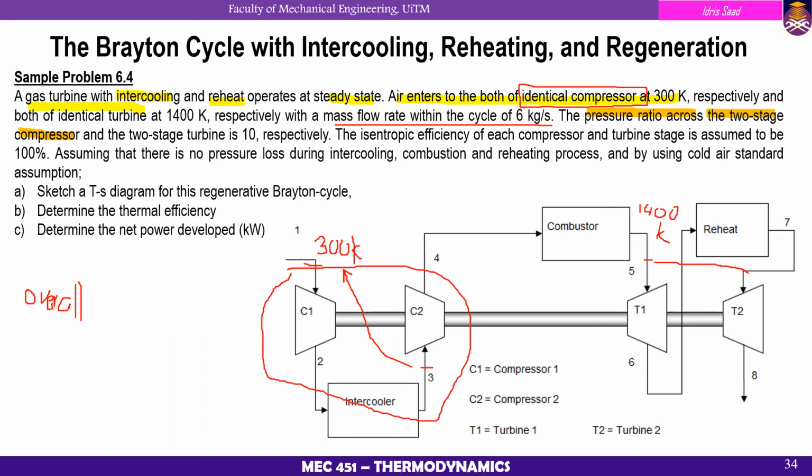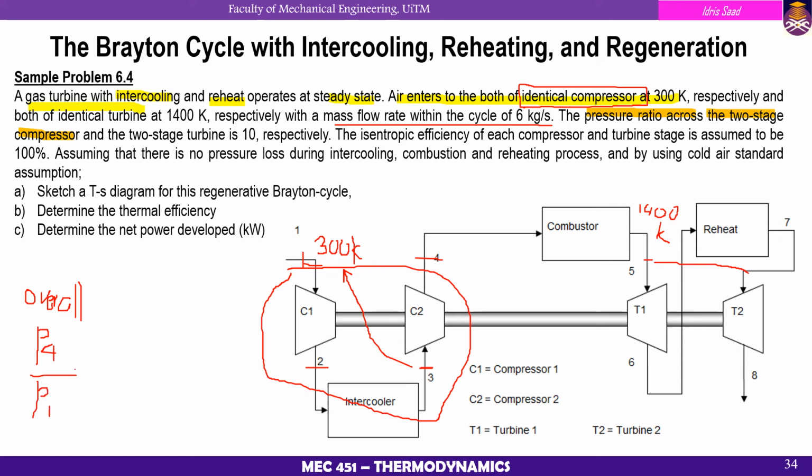For the compressors, the inlet of the first compressor is state 1, the exit of the first compressor is state 2, the inlet of the second compressor is state 3, and the outlet of the second compressor is state 4. So the overall pressure ratio is P4 over P1.